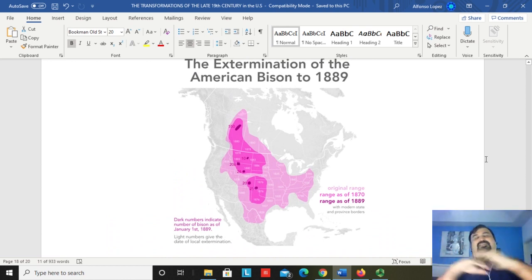So again, this is a dramatic decrease of an animal species that was one of the dominant species of the Central Plains of the United States, that had existed for thousands of years, and that was really the basis for the culture, for the societies of those groups that had created their own distinct cultures for thousands of years.